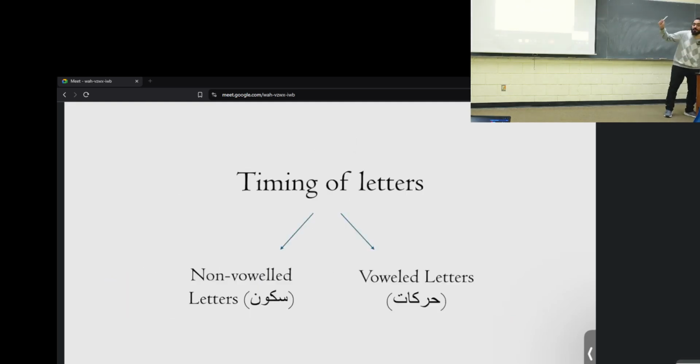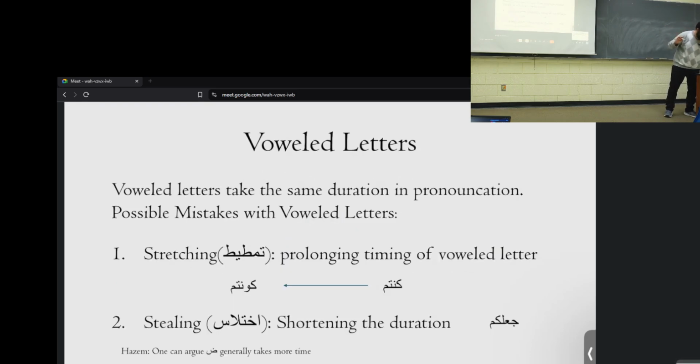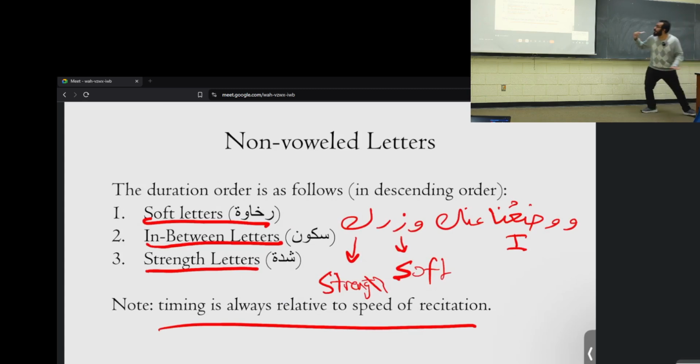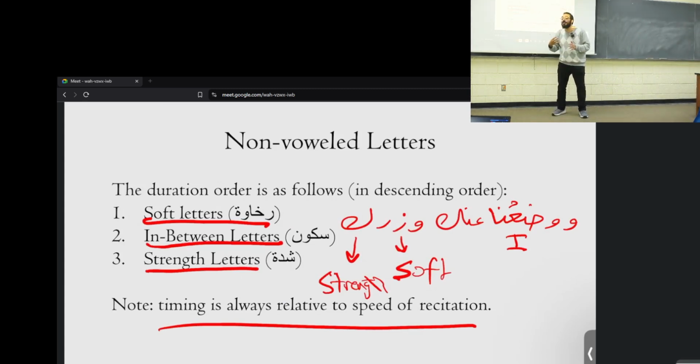So we said timing, vowel letters have the same timing, sukoon letters have different timing. So soft letters take the long time. Nashrah, nashrah. ووضعنا here. You don't say ووضعنا quickly. ووضعنا عنك وزر.